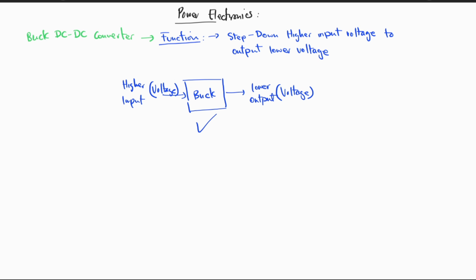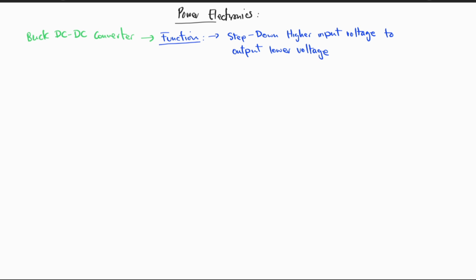Now we can look at the circuit diagram, and I will explain how the circuit operates and how it steps down the higher voltage into a lower output voltage. So I will draw the circuit diagram as follows. Now we have the voltage input, and we have a switch, a diode, an inductor, a capacitor, and a resistor load.